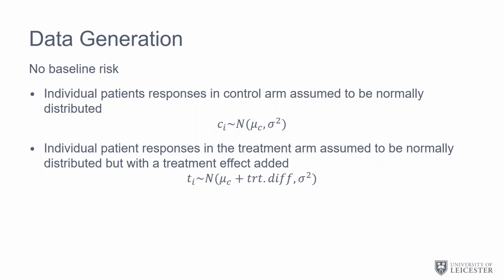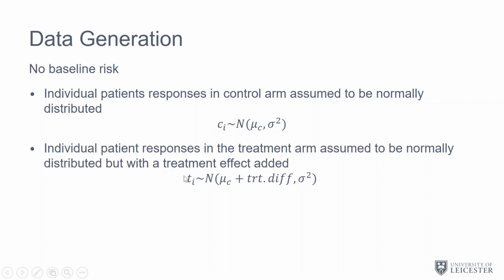So in terms of generating our data, when there was no baseline risk interaction, we simulated our data for an individual 2-arm trial with a continuous outcome, assuming the responses for each patient were normally distributed. Here the mean μc is our underlying average response in the control group, and sigma here would be the standard deviation of the responses in the trial.